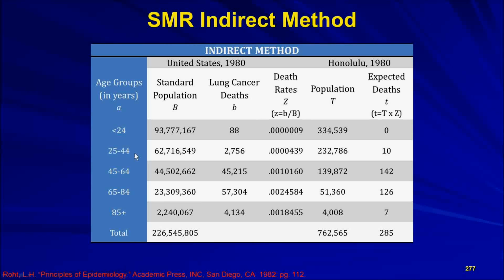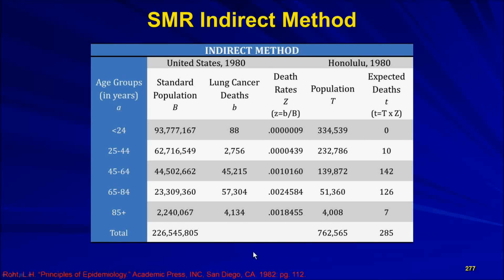It's a teaching example. Usually you'd have far smaller age groups. They wouldn't be as big as these. You'd probably have 20 categories versus 5. So I just want to point out again that we're doing something for teaching purposes.